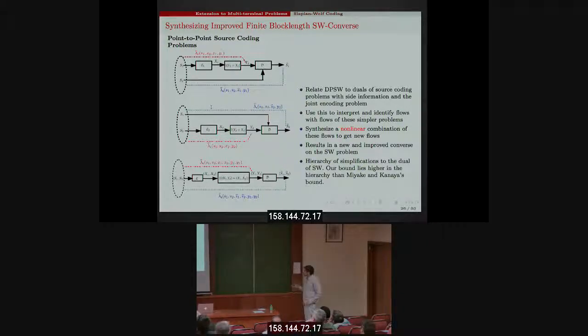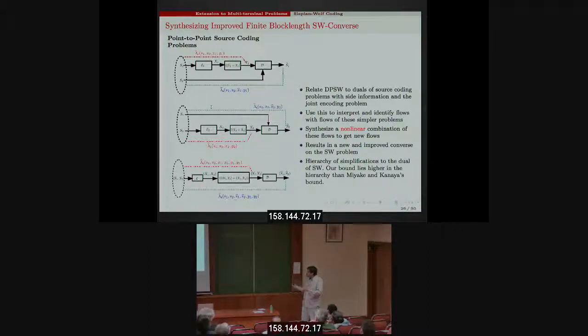Consider these three problems and then relate the dual variables of these problems to that of the Slepian-Wolf problem. This straight away gives you that any of these problems give you lower bounds on the original problem, but that's not very surprising.